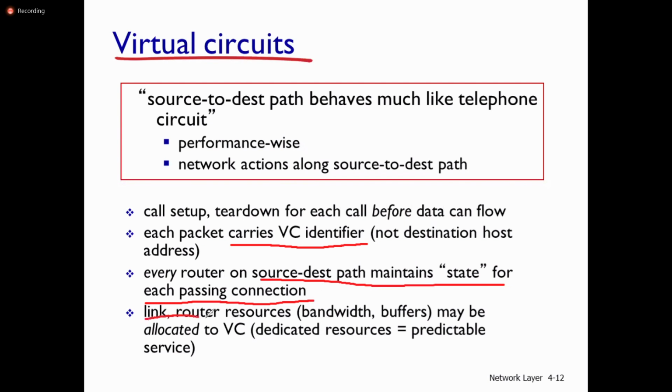Link and router resources, such as bandwidth and buffers, may be allotted to the virtual circuit. So a virtual circuit is a source to destination path, and each packet carries a virtual circuit number, which is not a destination IP address. Each router maintains the state of each passing connection.